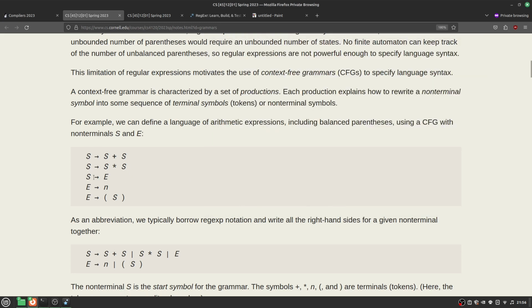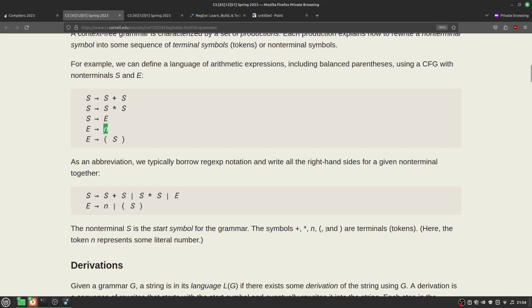Cool. S can equal the non-terminal E. E is a literal. I think that was saying that represents a literal.